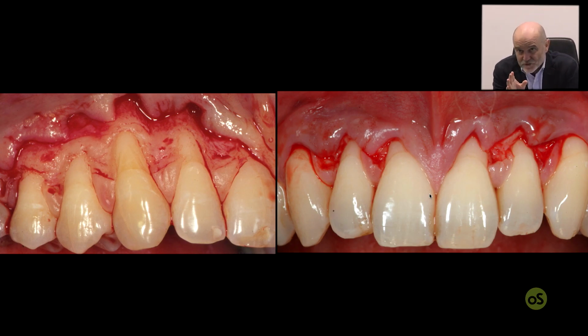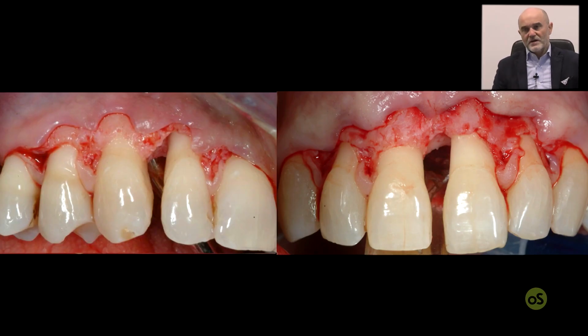The same approach, the same flap design, is applied exactly the same for the treatment of vertical bony defects. If you look at this picture and the following picture, you can see that there is only one difference, and this is the area of the defect.